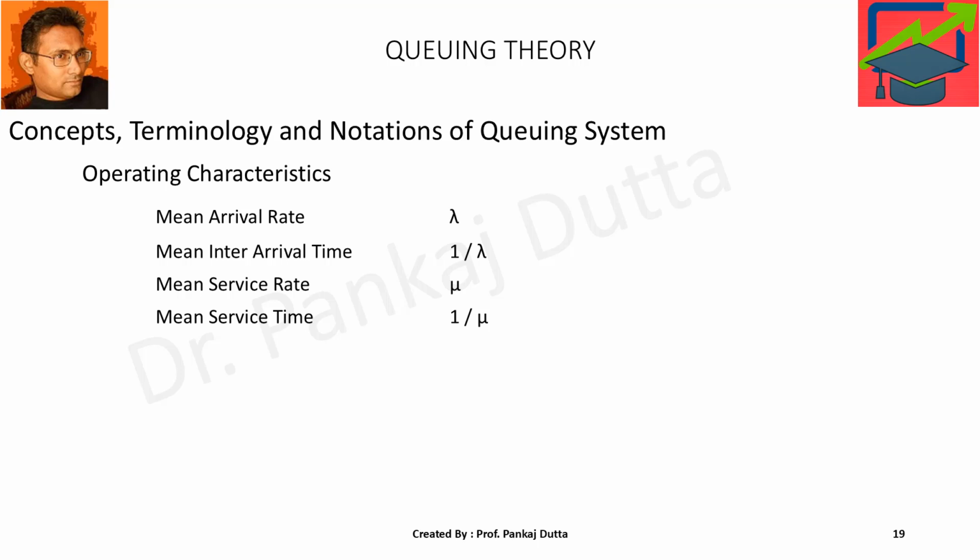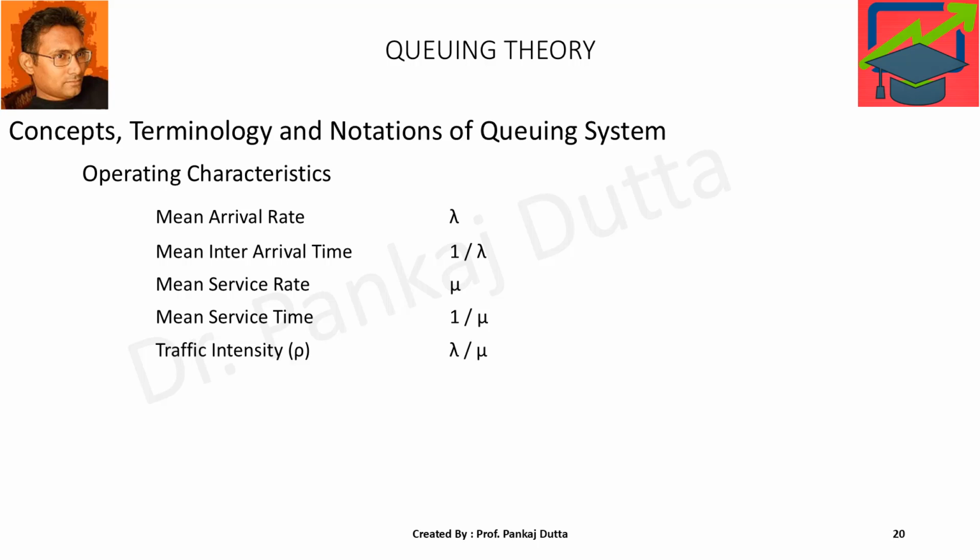For example, if mu, which is usually used to denote the average service rate, is say 6, that is in an hour or 60 minutes, 6 customers are served, then the average time required to serve a customer is 1 upon 6 hour or 60 upon 6, that is 10 minutes. So if we use mu to denote the mean service rate, then 1 upon mu denotes the mean service time.